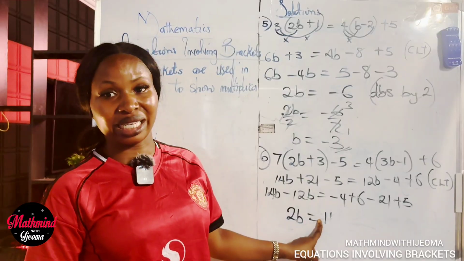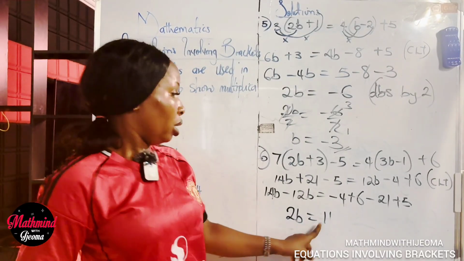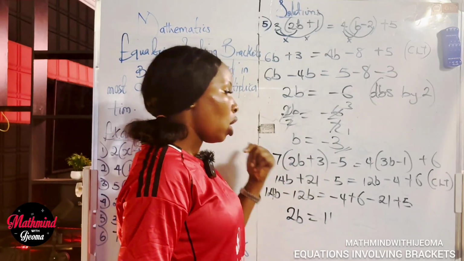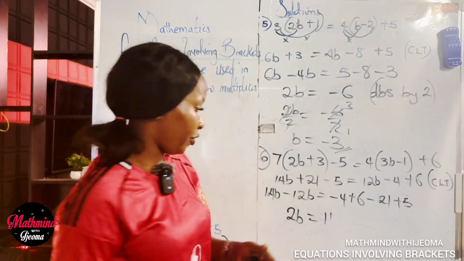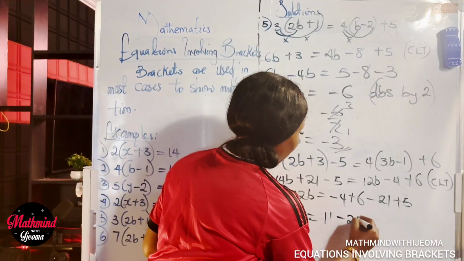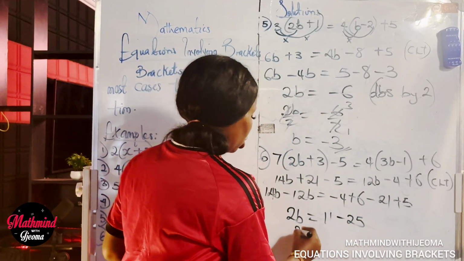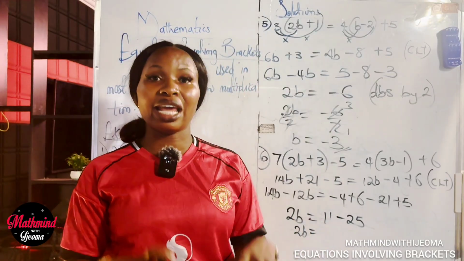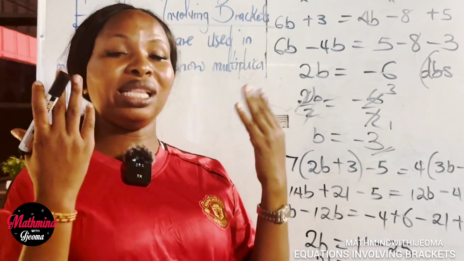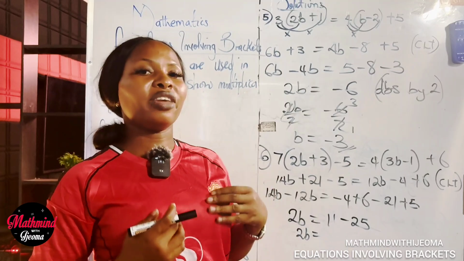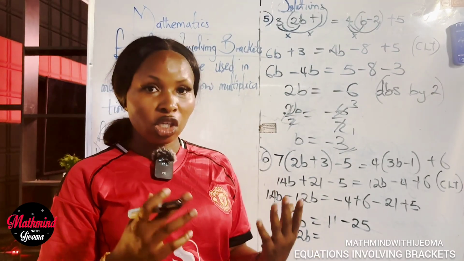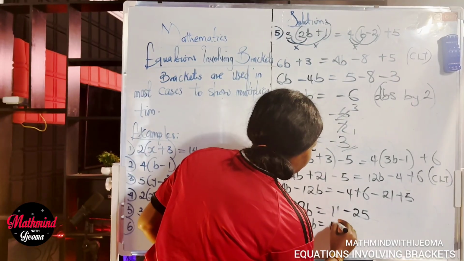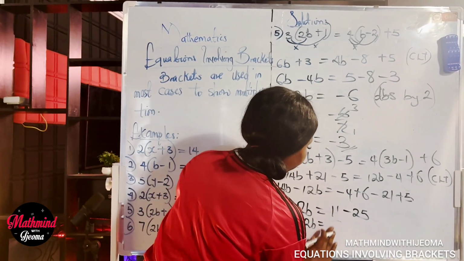Because there is a sign already here. Now, minus 4, you're owing 4, you're owing 21. All together, you're owing 25. So minus 25. Now, let's use our illustration. 2b is equal to, if you're having 11 and you're owing 25, now give out your 11. You will still owe 14. So it's minus 14.